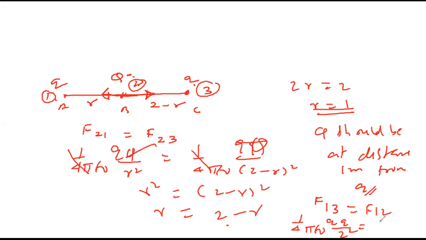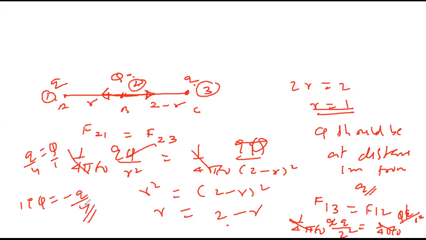And F 1 2 is 1 upon 4 pi epsilon naught Q into small q, distance we got 1 square. So this 1 upon 4 pi epsilon cancels. So it becomes q upon 4 equals capital Q by 1. Therefore q is equal to minus Q by 4. And distance is 1 meter.